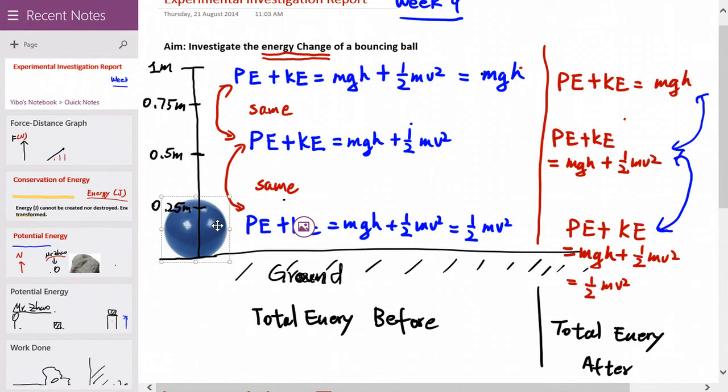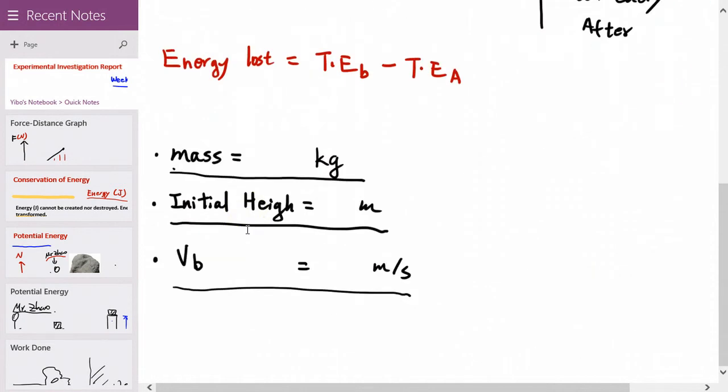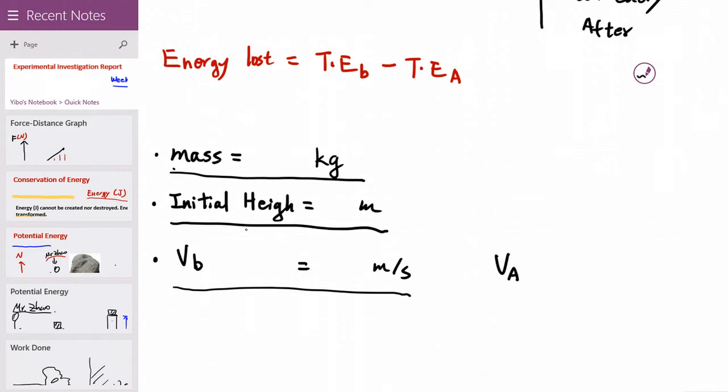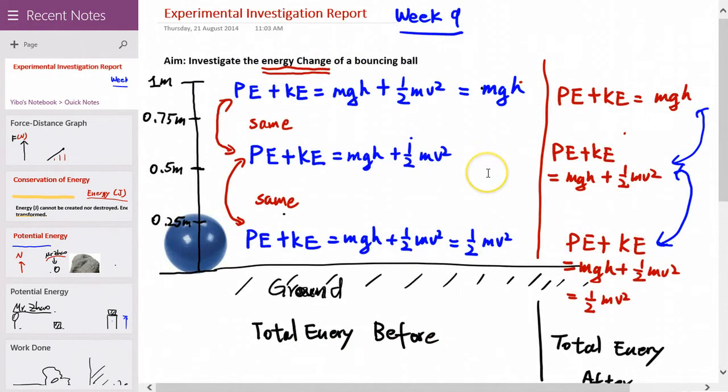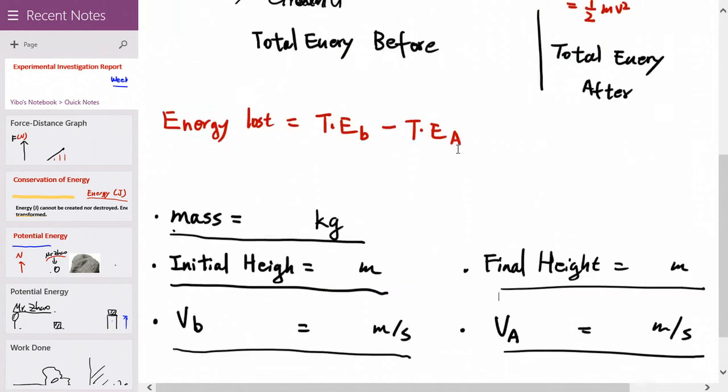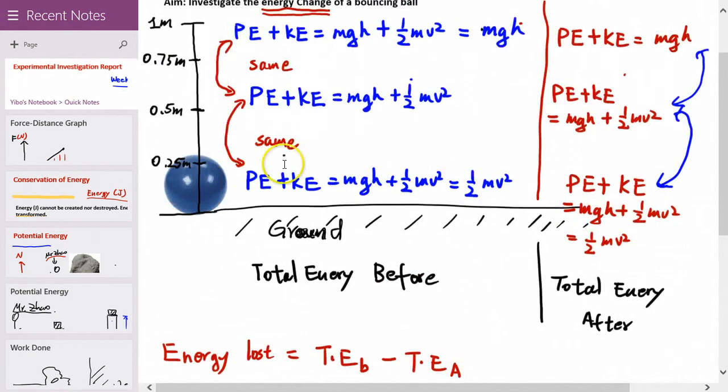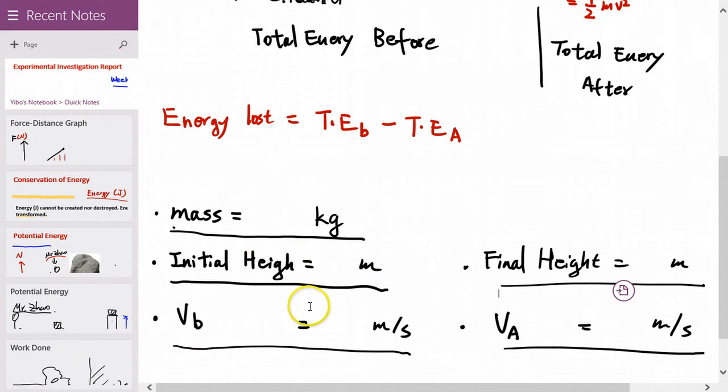Then the other value we need to write down will be VA, the velocity after the collision, and the final height in meters. I think that's pretty much it. So basically, those are the values we need to measure.